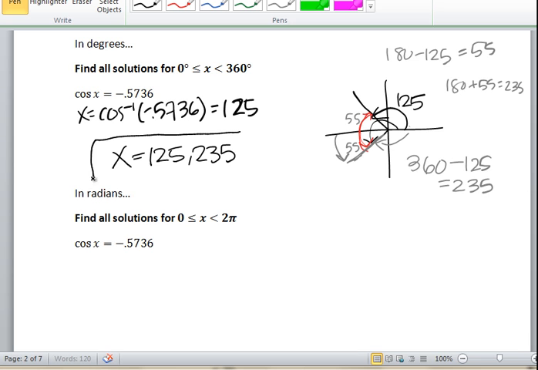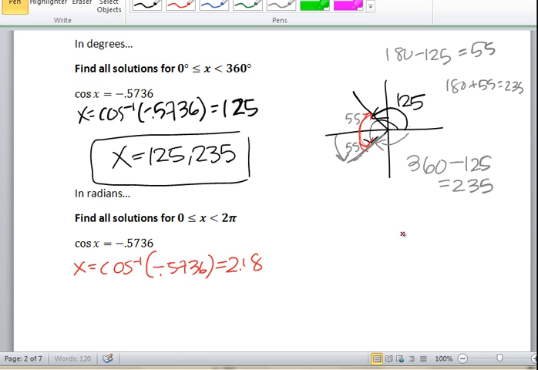The reason why I do that is that it's going to be slightly easier when you're in radians to find that second angle. Okay, so like before, we find inverse cosine in radian mode of negative 0.5736, and my calculator tells me that that is 2.18 radians. And that puts us over here in quadrant 2, so that's 2.18 radians.